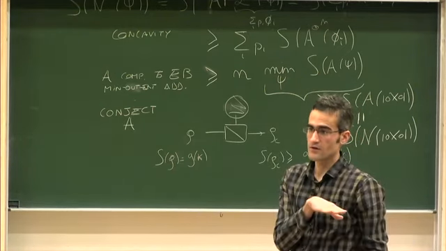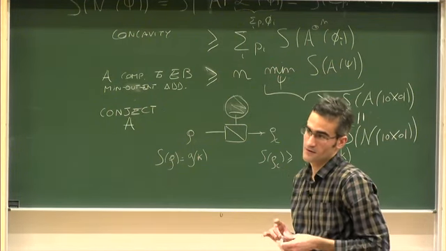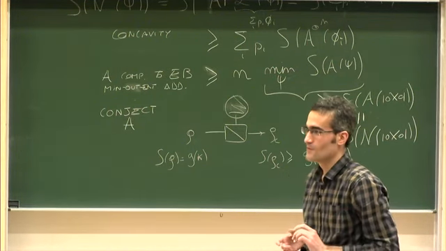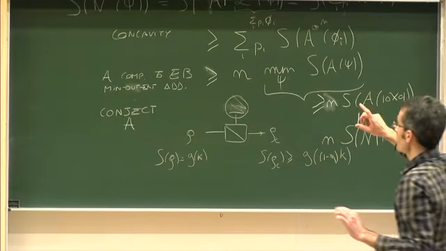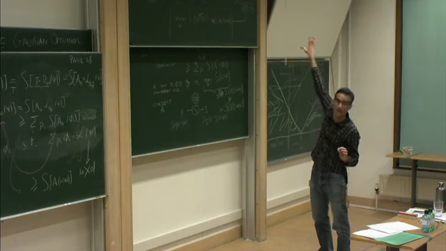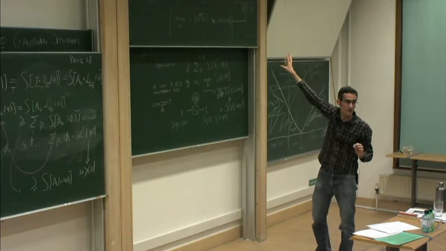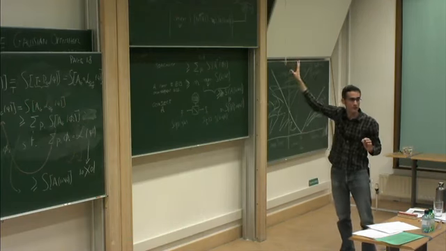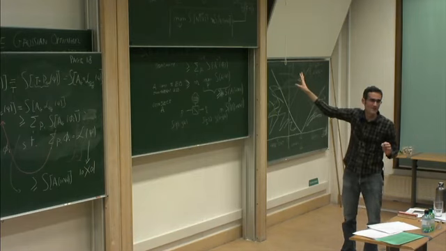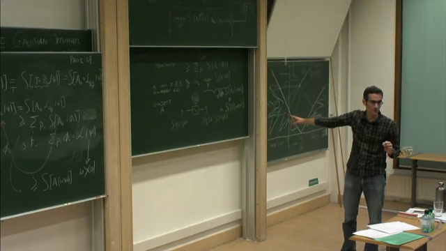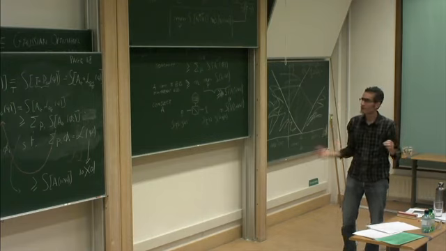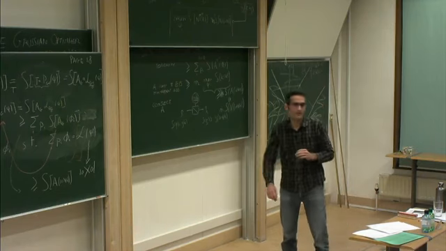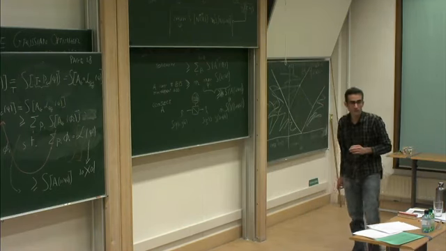But if you are below the threshold, we don't know. The reason is that the trick of upper bounding doesn't work anymore, because the state that minimizes the output entropy will need more energy than you are allowed to use. It will be a squeezed state, for example, that needs so much energy that you are not allowed to generate it. So in that case, we don't know how to solve it.